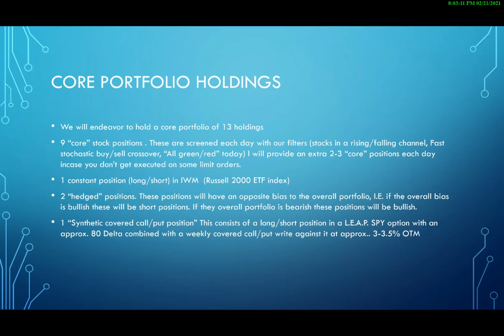So for example, if we are in an overall bias right now that is bullish, we look at the market's bullish, our 9 core positions are bullish, we are long the IWM, these 2 hedged positions would be short positions, okay? Also, if the overall portfolio is bearish, well then these 2 positions would be bullish.